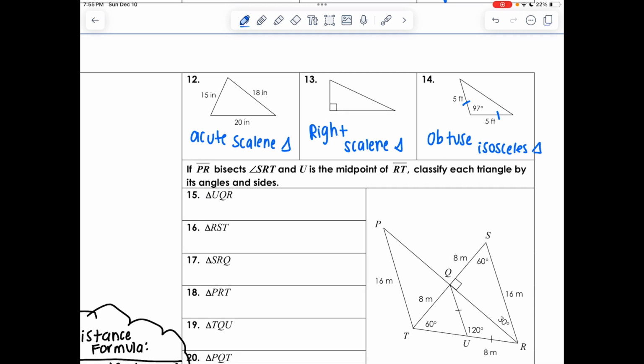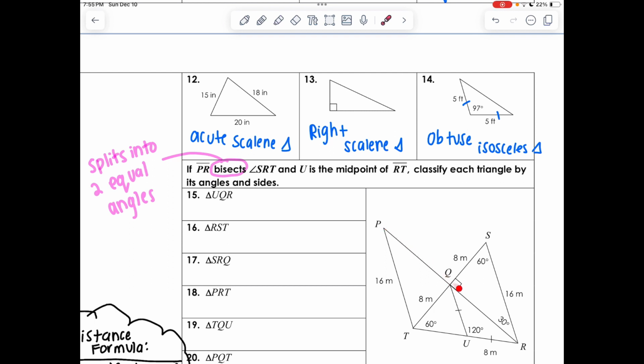Okay, if PR, do you remember what the word bisects means? Bisects means splits into two equal angles. So if PR bisects angle SRT, let's look at what that even means here.